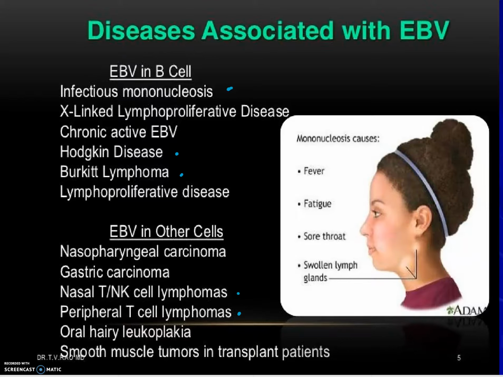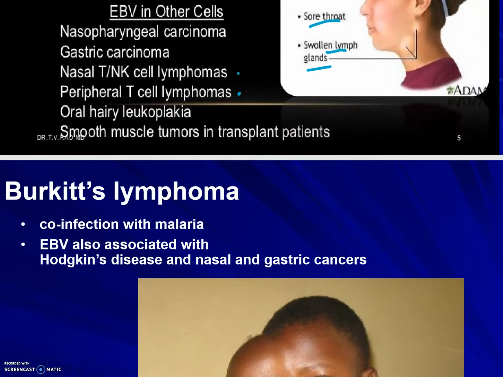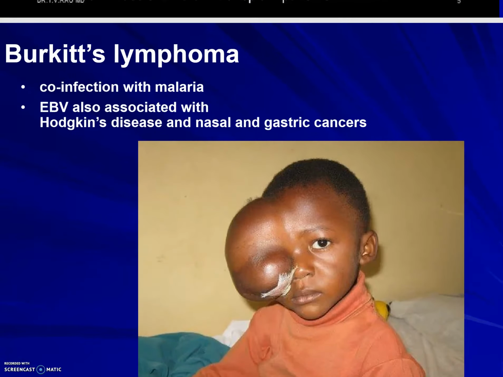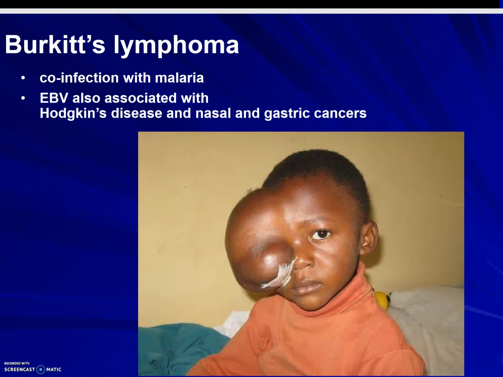leukoplakia, and let's take a look at what that might look like. So here again, the mononucleosis causes, the typical thing would be the fatigue and the sore throat, the swollen lymph nodes. Those are very consistent symptoms. Some people also have a fever. And here's this poor kid with a Burkitt's lymphoma.